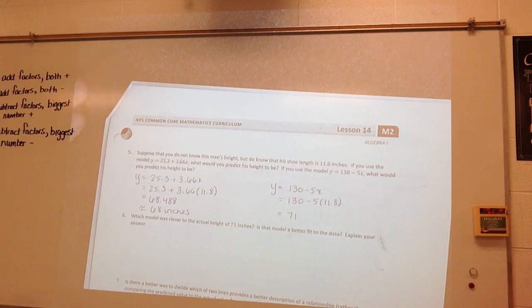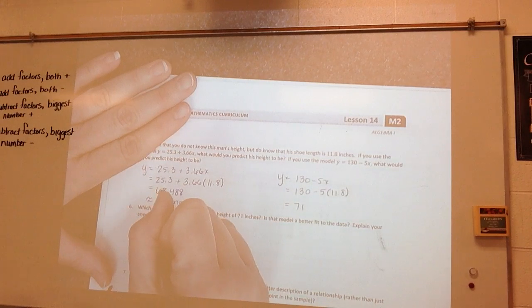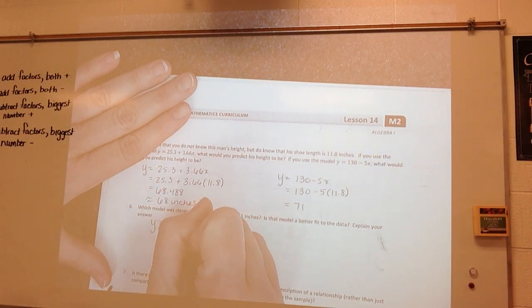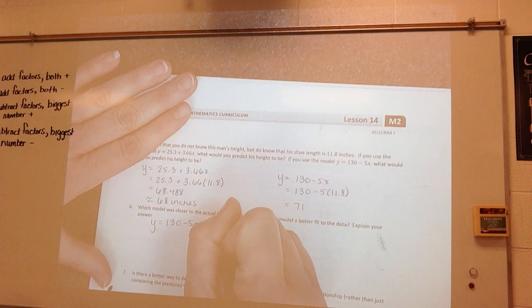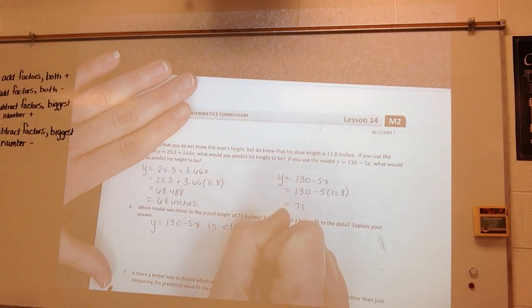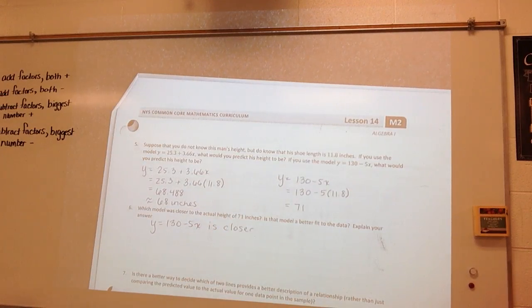Which model was closer to the actual height of 71 inches? Well, the model y is equal to 130 minus 5x is closer to the 71 inches.